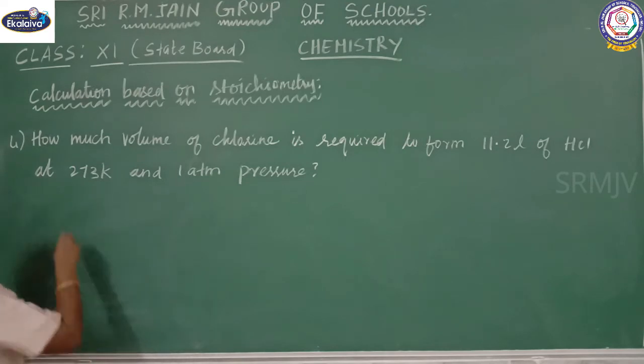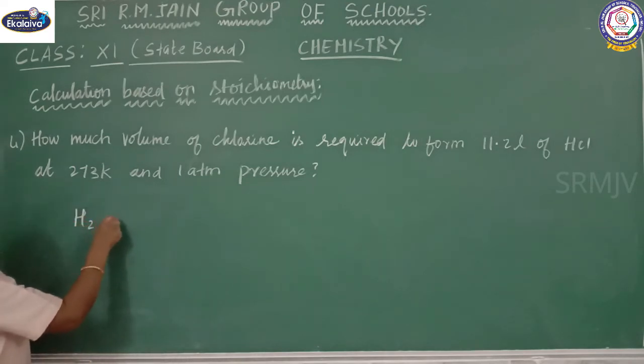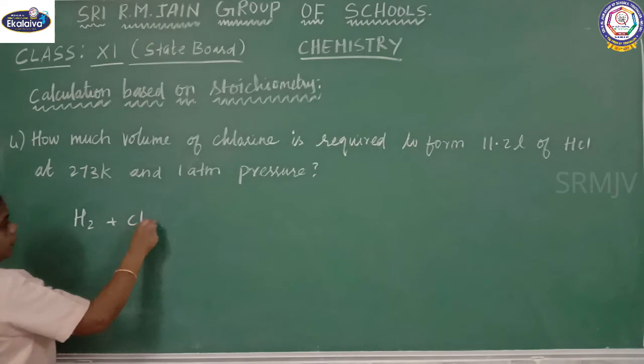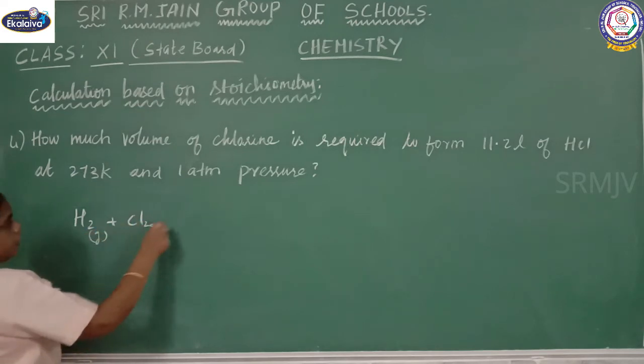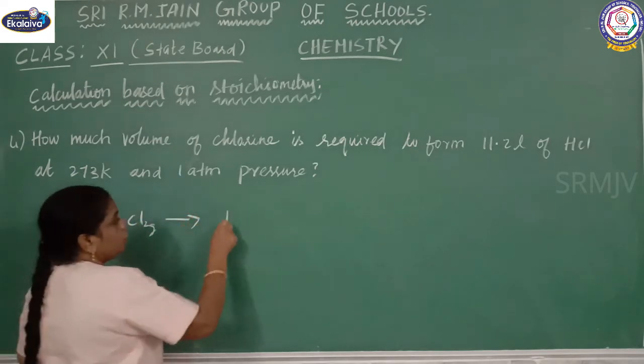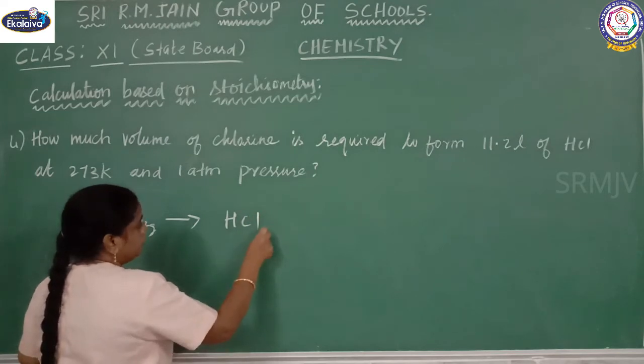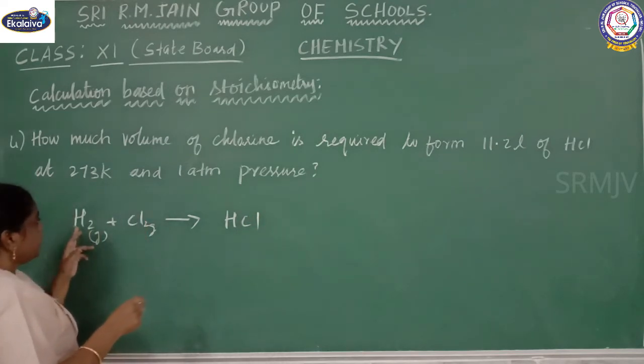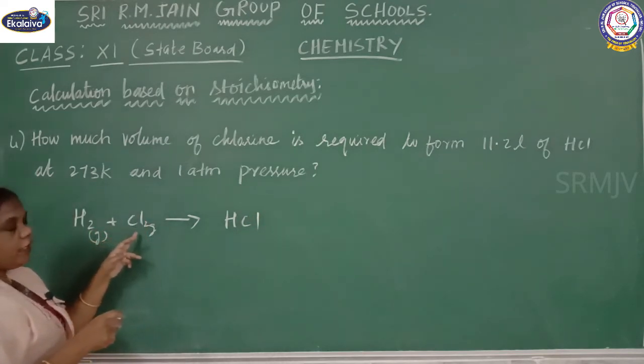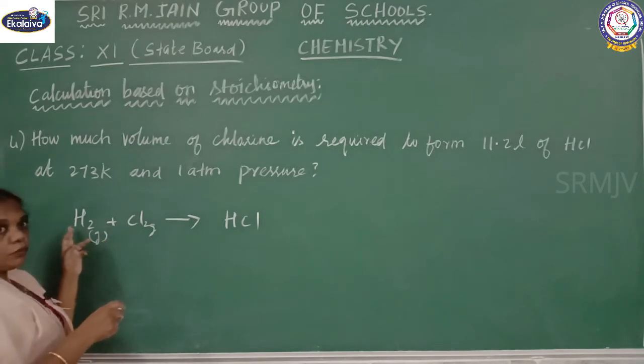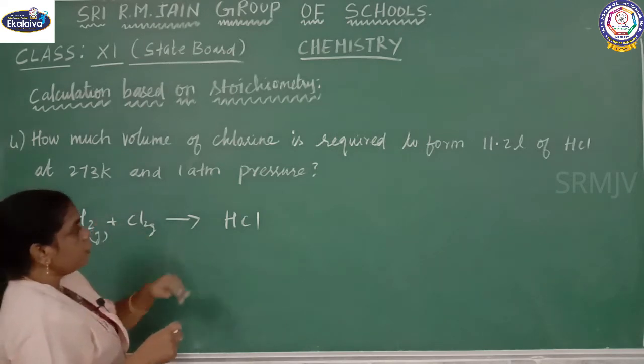So in this, hydrogen gas and chlorine are going to be involved to form HCl. Now see that hydrogen and chlorine, 2 plus 2, 4: 2 hydrogen and 2 chlorine.